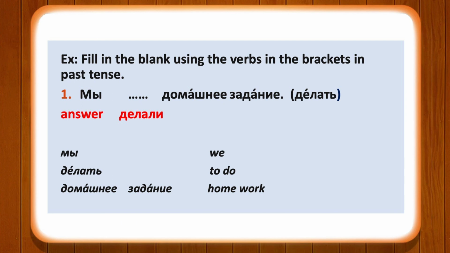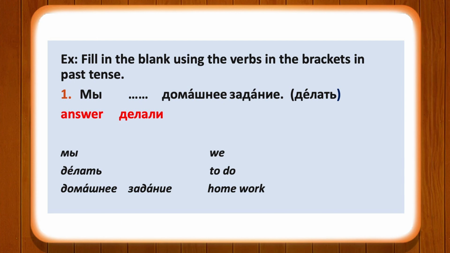Let us solve another exercise with the use of past tense. It is fill in the blanks with past tense form of the verb given in the bracket. The first sentence, you can see the verb given in the bracket is делать, which means to do. You will use the past tense form of this verb and fill in the blanks.